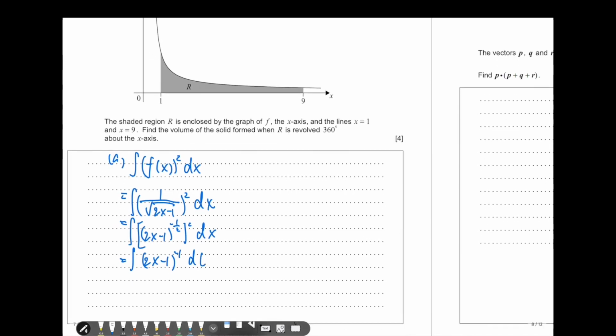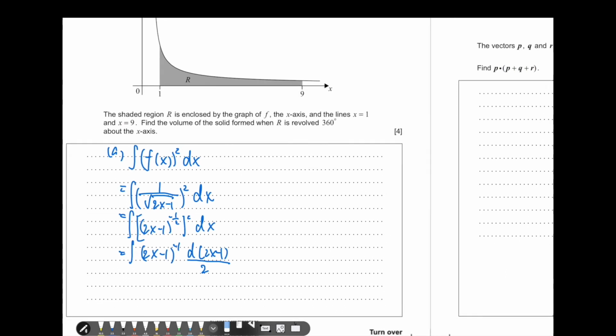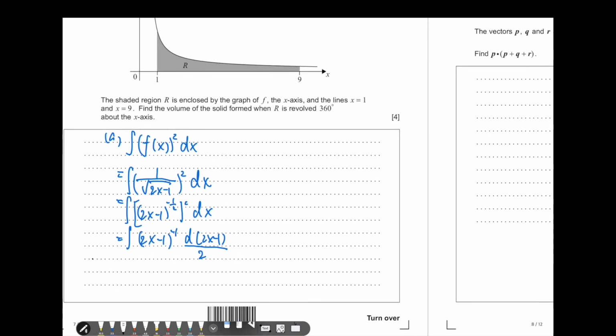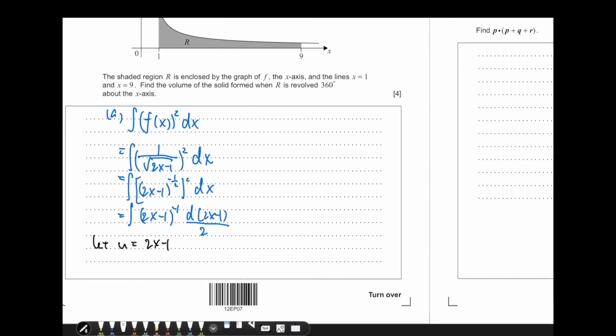Now I want to let u be 2x minus 1, and then we know that du is equal to 2 dx.